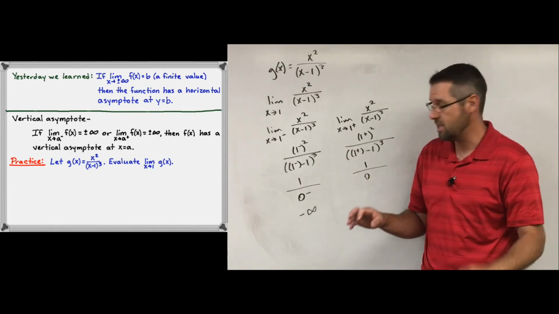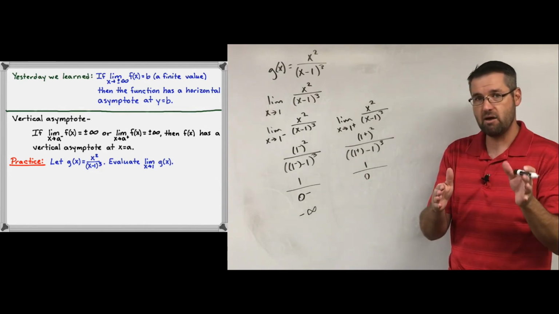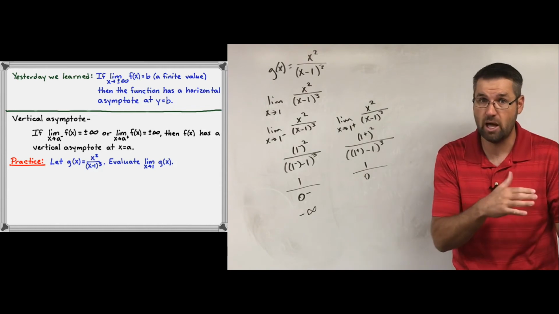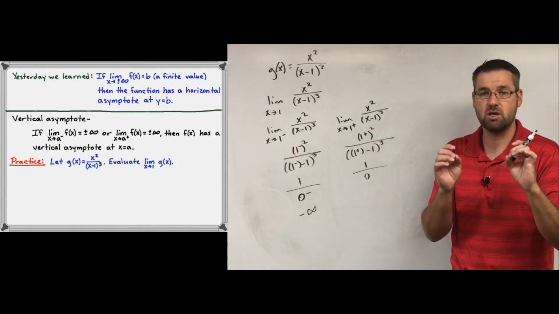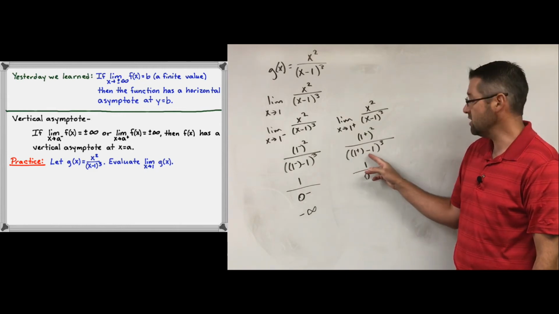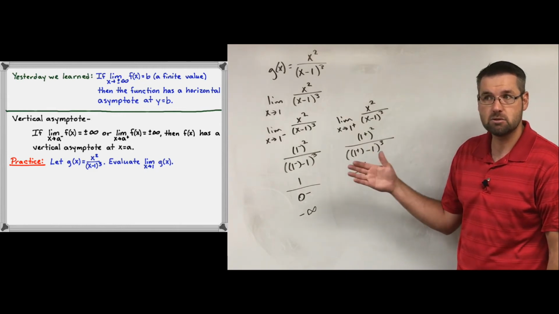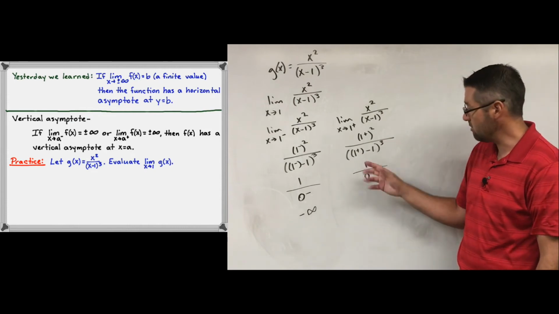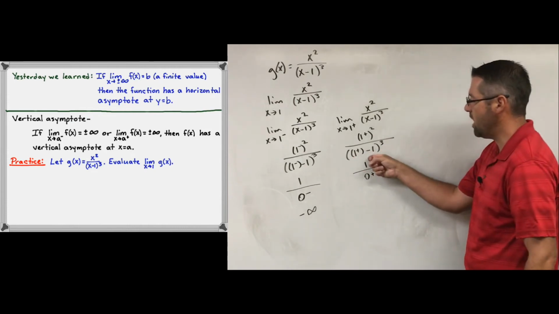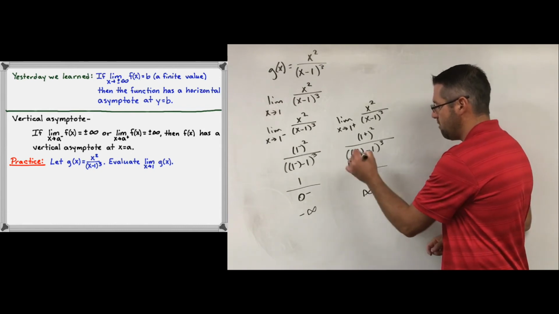We're just looking for signs now. A number just to the right of 1, well, that's like 2, or you could say 1.00001. It doesn't matter what you use, we're just looking for the sign. So 1.00001 minus 1 is 0.00001. It's a positive number. When we cube a positive, we get a positive. So positive divided by positive is a positive.